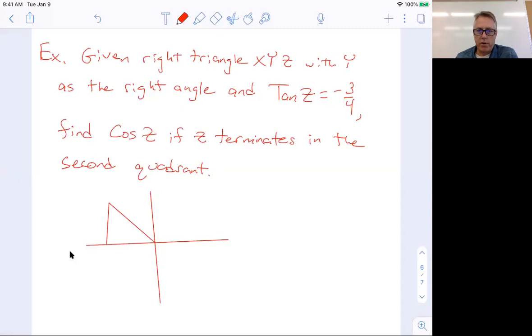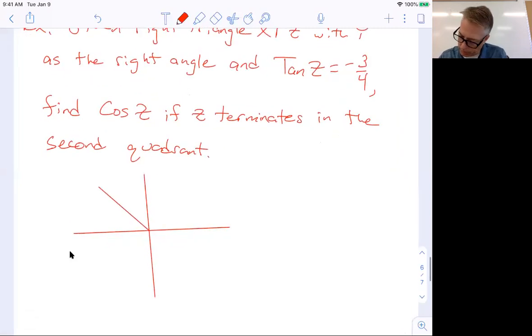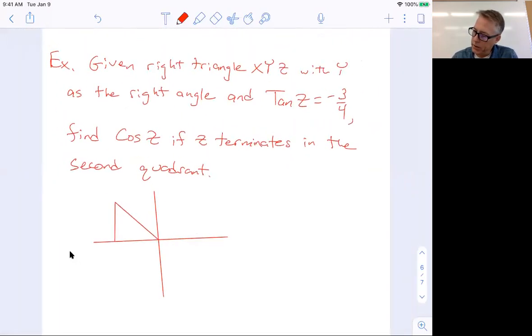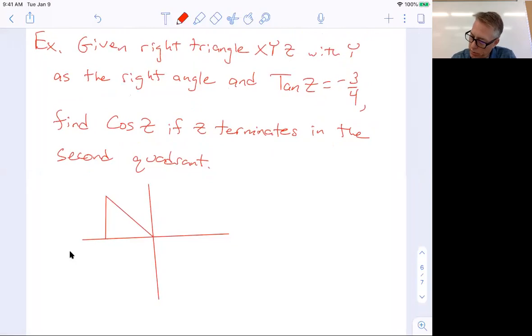All right, we okay so far? Wasn't a real perpendicular line there. It didn't look real good. Now it says the tangent is -3/4. Tangent is opposite over adjacent. So that means this is going to be 3/4.